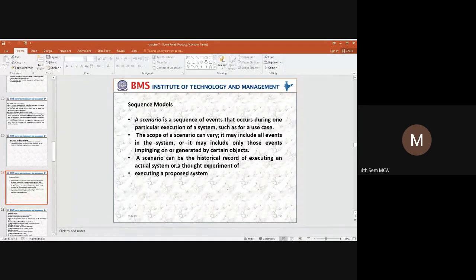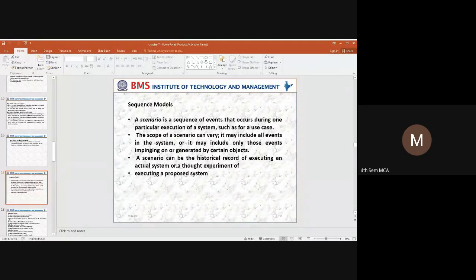Based on a scenario, how the sequences are to be executed, in what way the objects are going to communicate with each other, and how the communication is going to happen.